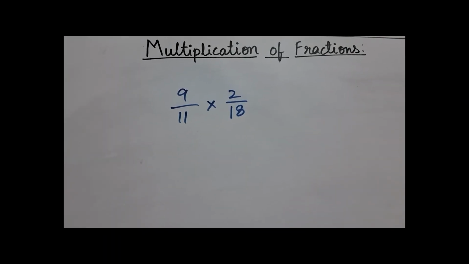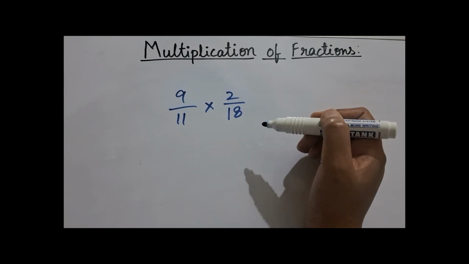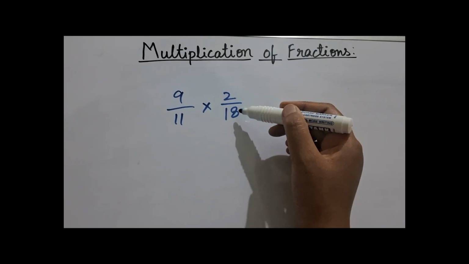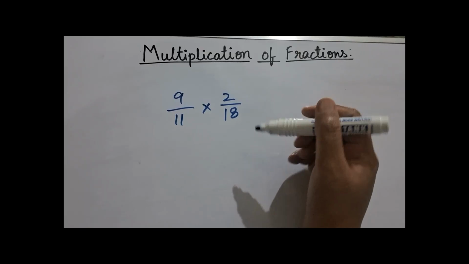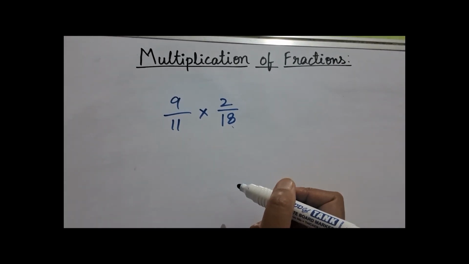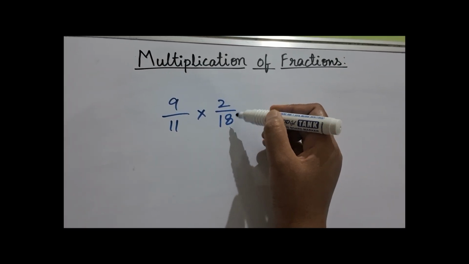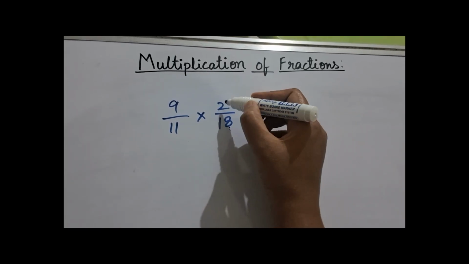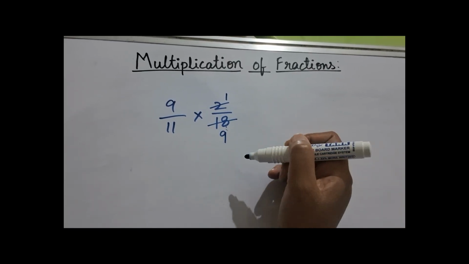Let's take another example, children. Here 9 by 11 is multiplied by 2 by 18. Now here we can see that this numerator and this denominator have a common factor, and this numerator and this denominator have a common factor. So we can cancel here itself, one numerator and one denominator. That means like this also we can do: 2 ones are, 2 nines are 18, right?